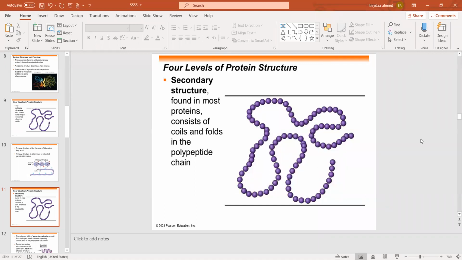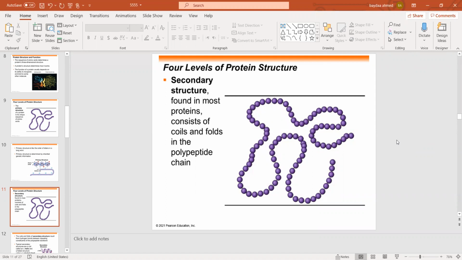Secondary structure consists of regions stabilized by hydrogen bonds between atoms of the polypeptide backbone. Most proteins have segments of their polypeptide chains repeatedly coiled and folded in patterns that contribute to the protein's overall shape.